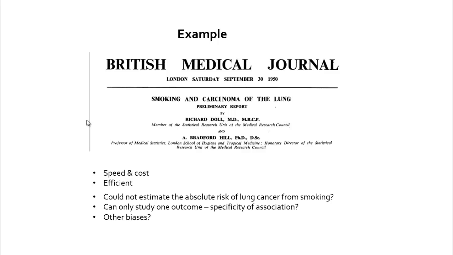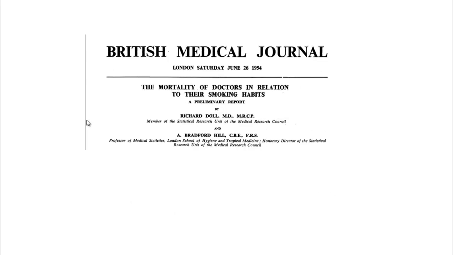So the findings were investigated further with a prospective cohort study of 34,000 doctors. Information on smoking and other behaviours was extracted by questionnaire, and members were then followed up periodically for mortality. And the study eventually closed some 50 years later in 2001.